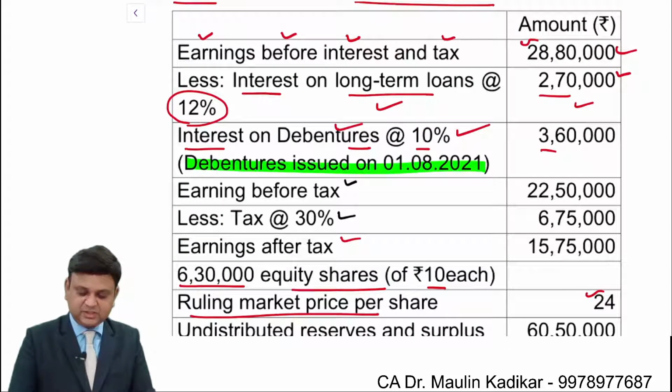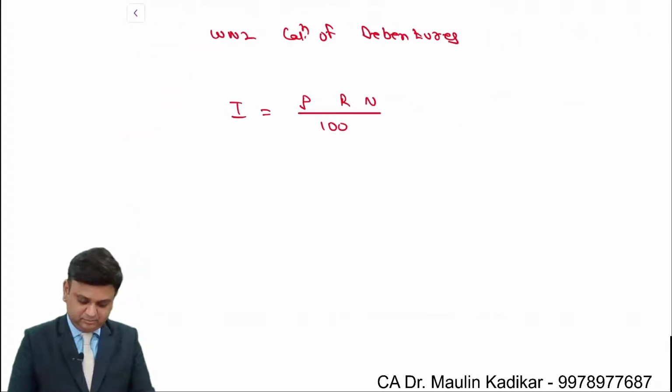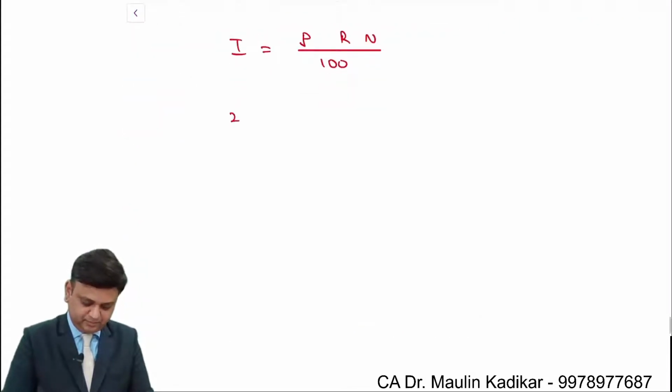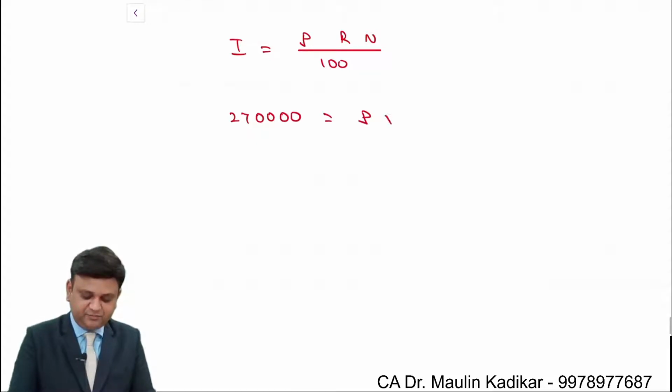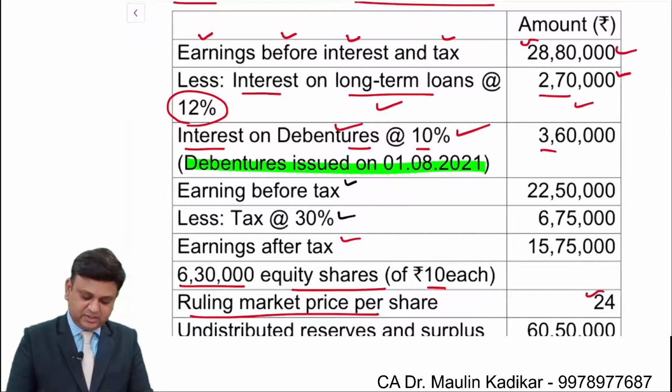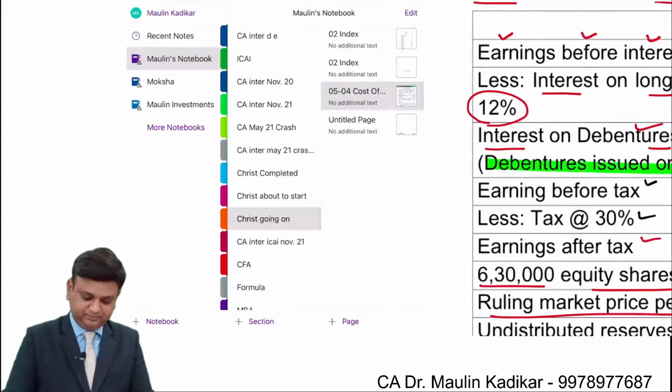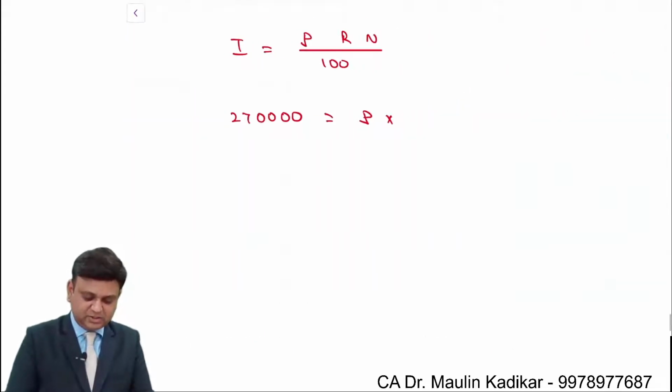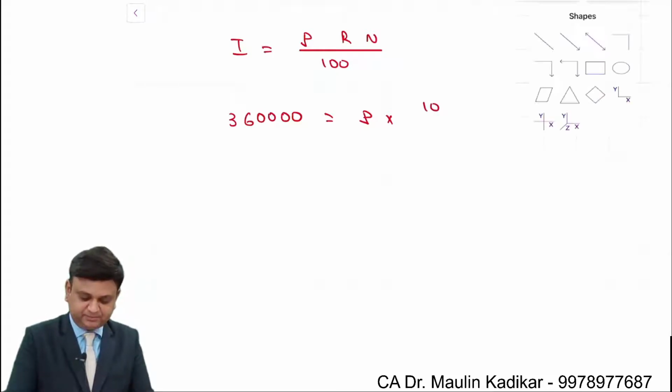The amount of interest is 3,60,000. What is the principal amount, that we do not know. The rate of interest is provided to us as 10%.